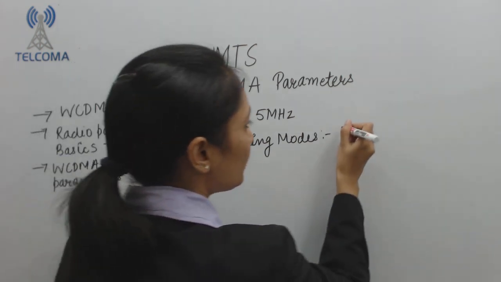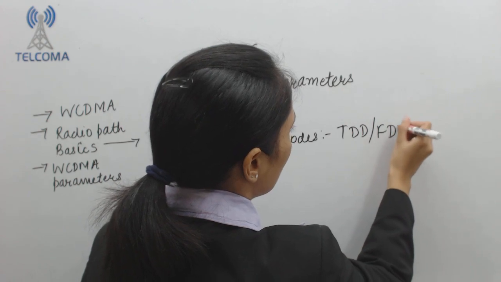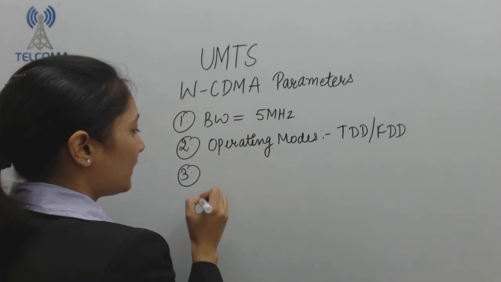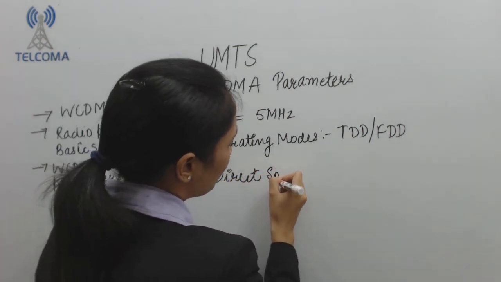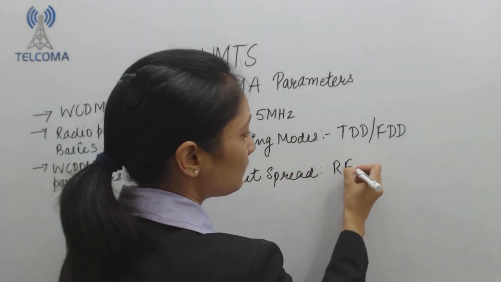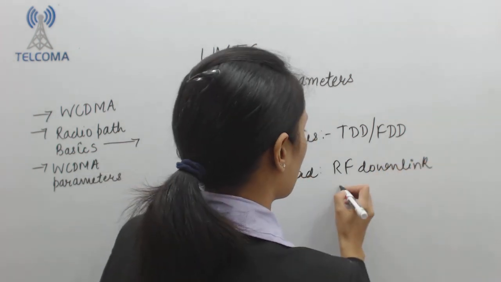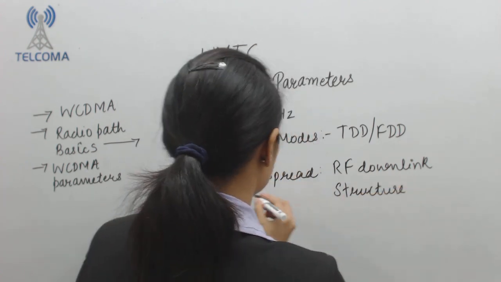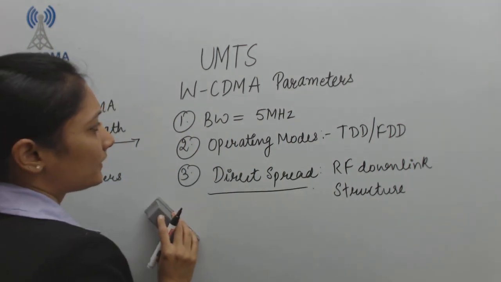The operating modes supported here are either TDD or FDD. It uses a direct spread method for its RF downlink structure.